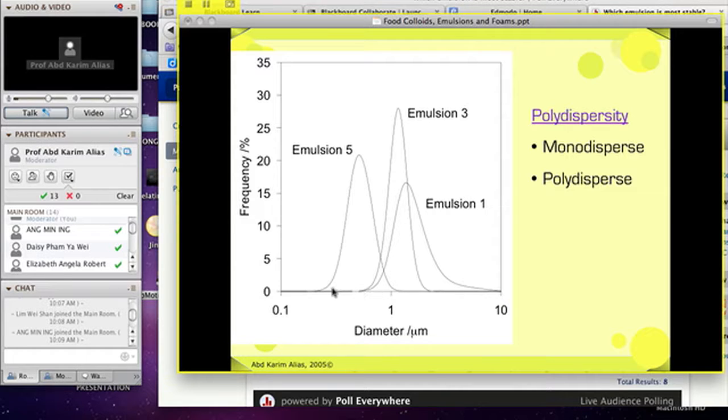But when we store the emulsion and leave it to stand on the table for 1 hour or for 2 hours, and after that we measure the size distribution again using the instrument, do you think you will see the same kind of shape or the same kind of distribution after 1 hour or after 2 hours?